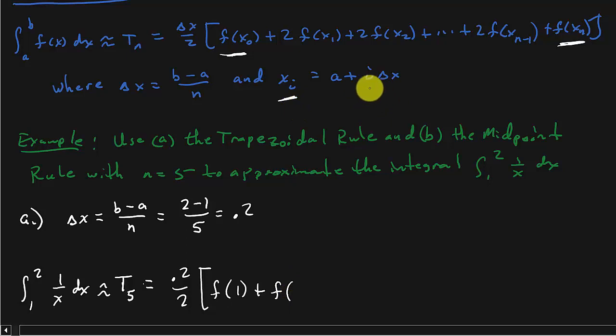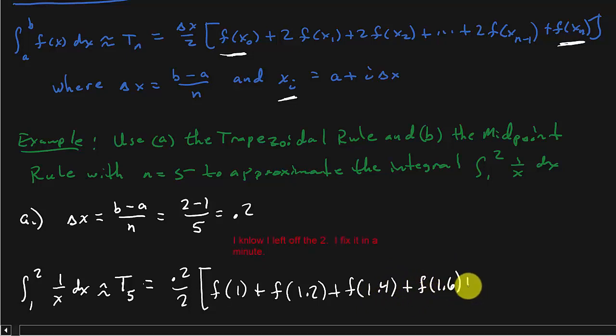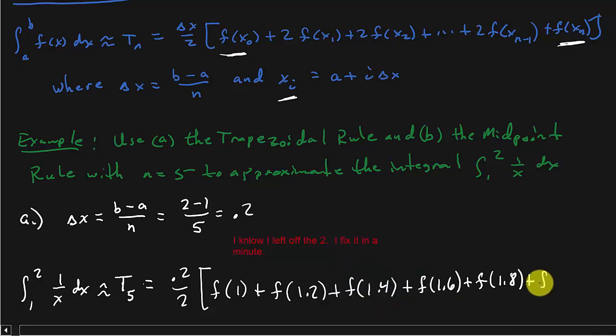So that's going to be 1 plus f of what? How do we get to the next one? We just add 0.2. So that's f of 1.2, plus f of 1.4, plus f of 1.6, plus f of 1.8, and then f of 2.